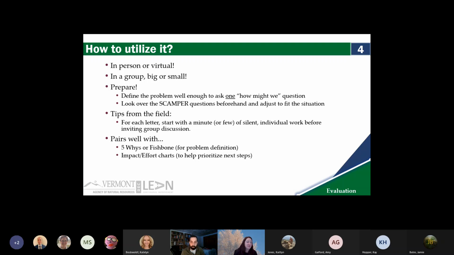and then you jump into the group discussion. And then this tool, and I think a lot of brainstorming tools, pair really well with other lean tools. Part of that is because brainstorming is by definition going to get you all kinds of ideas. And it can be kind of overwhelming if one idea doesn't leap out at the group as, yes, that is the idea we want to go with, which I think doesn't always happen.